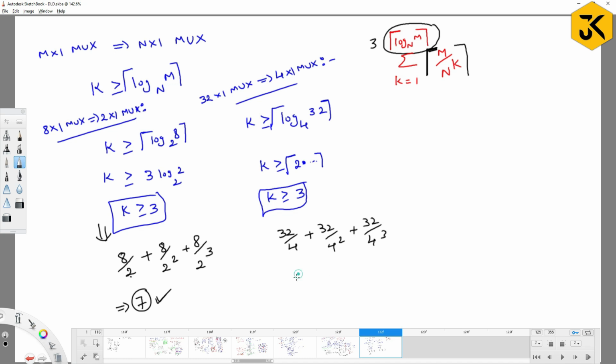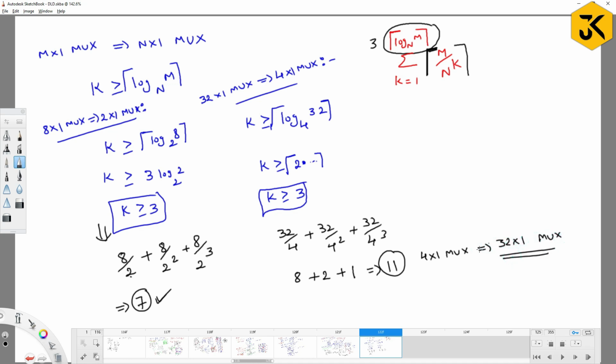So you will get here 32 by 4 is 8, 32 by 16 is 2, plus 0.5, which I make as 1. So you will get 8 plus 2 plus 1. So a total of 11 4 by 1 muxes are required in order to implement a 32 by 1 mux.